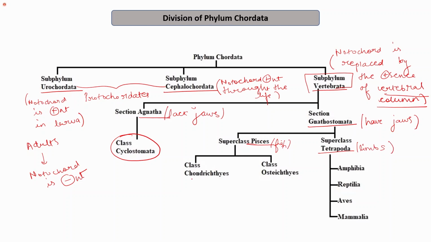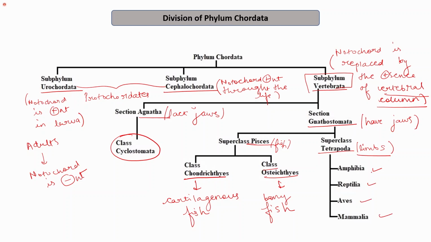The superclass Pisces is further divided into two classes: class Chondrichthyes, consisting of cartilaginous fish, and class Osteichthyes, consisting of bony fish, whose endoskeleton is made up of bones. In superclass Tetrapoda, the organisms that have limbs, we have amphibia, reptilia, aves, and mammalia.